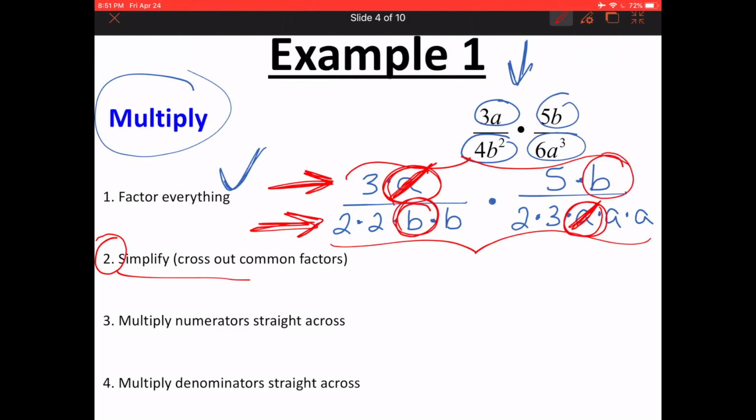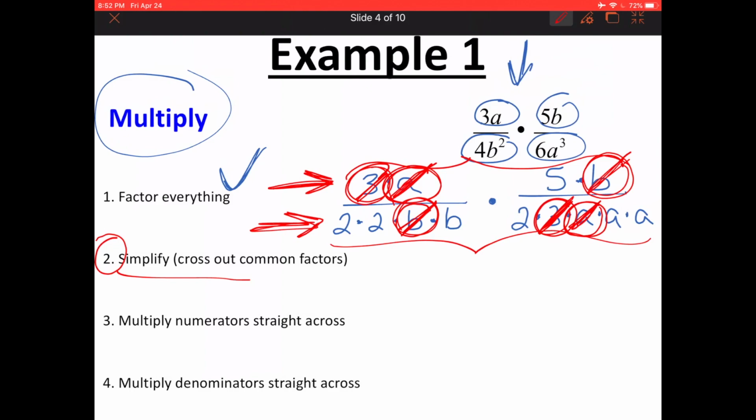This B can still cross out that B, so we cross those out. Okay, this 3 can cross out this 3, so we cross those out. There's nothing else left. There's no other common factors between the numerator and the denominator.